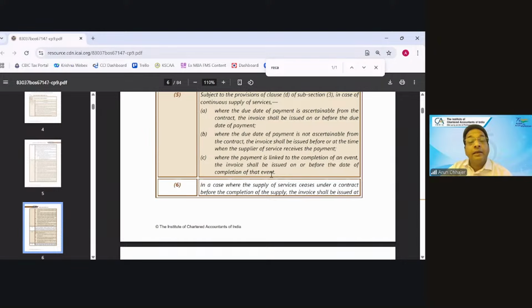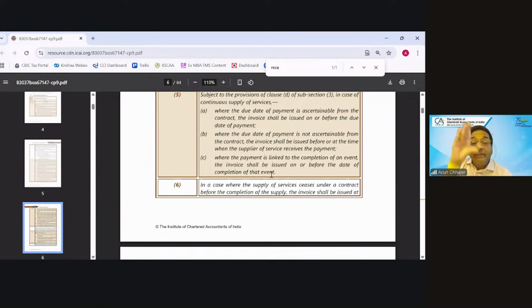Like in the real estate sector, I can give one example where the payment is linked. On booking of the flat, 50% needs to be paid. Balance next 10% once the structure is complete. Next 10% when your flat is complete. Next 10% when it is ready.